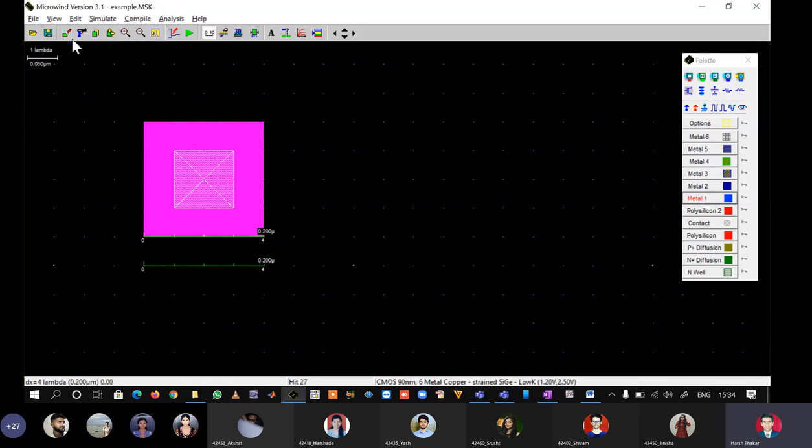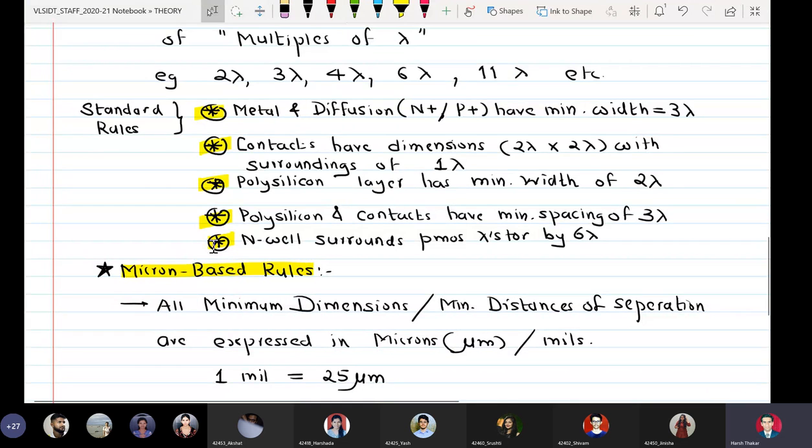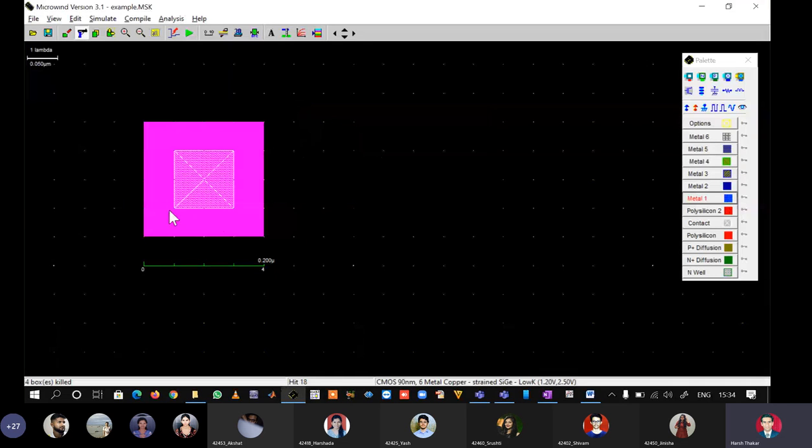Now what we have measured is actually wrong. I will tell you why. We made a statement that contacts have dimension 2 lambda by 2 lambda, so the contact is inside. We will take this measurement going inside it. How much? It is coming 100 nano, and this is also 100 nano.